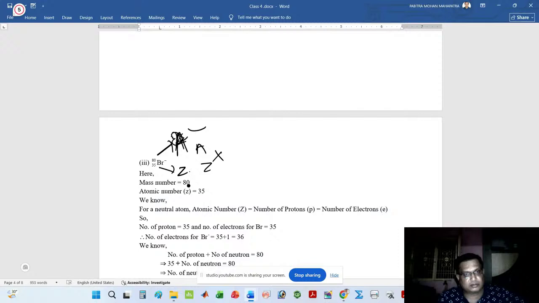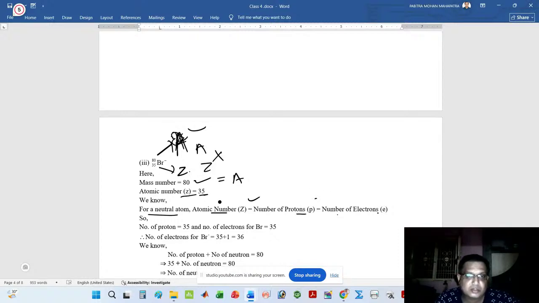Here I can write mass number is equal to 80, that is the A value. Atomic number Z is equal to 35. Again apply the same concept. We know for a neutral atom, atomic number Z is equal to number of proton P is equal to number of electron.